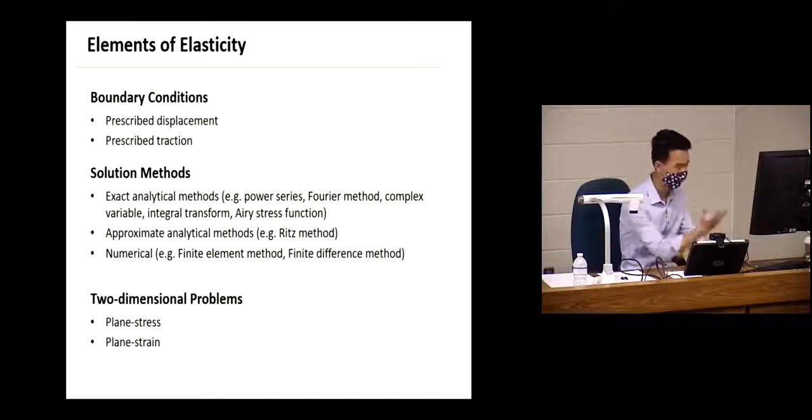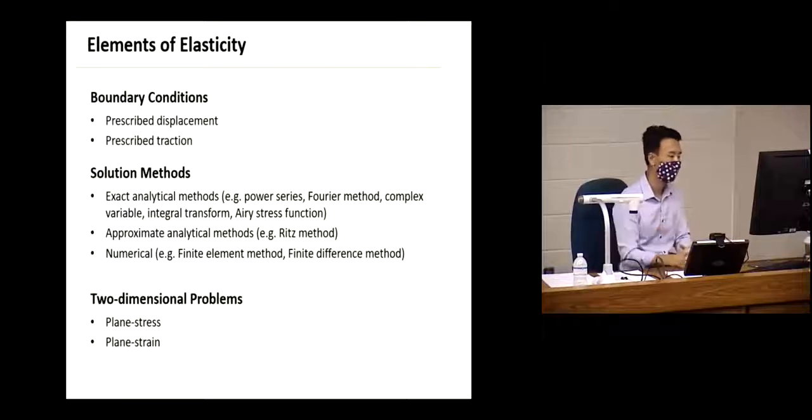The Ritz method was one of the early ones. It didn't go very far because the approximation functions are very hard to find. Basically, in the Ritz method, instead of finding an analytical function for the stress field, you approximate it by a summation of different functions, right?